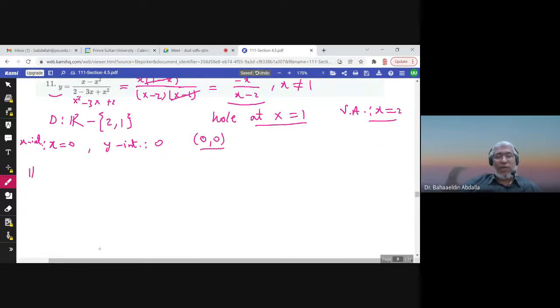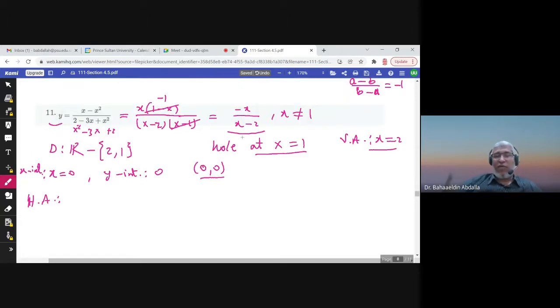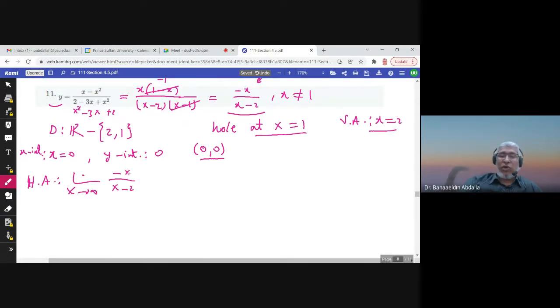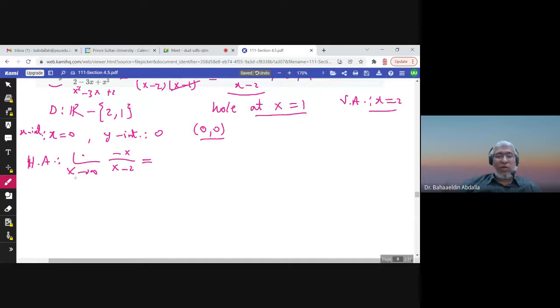Let me find the horizontal asymptote. And of course, I'll deal with this function. I'll graph this function, okay, where x is not equal to 1. So what is the limit when x approaches infinity of negative x over x minus 2? As usual, it doesn't make a difference to talk about infinity or negative infinity.